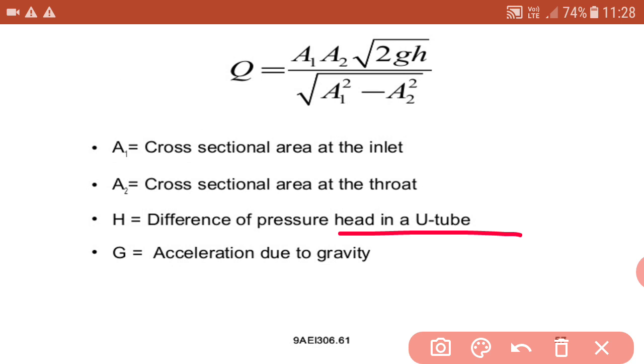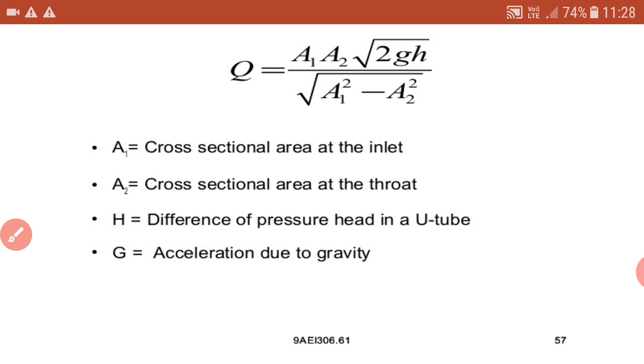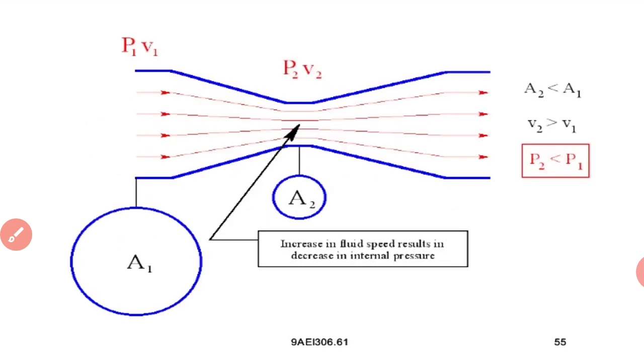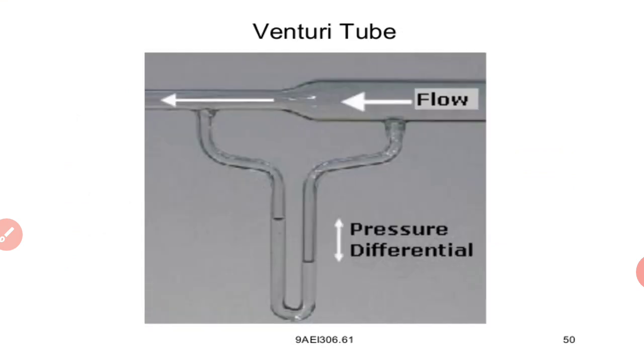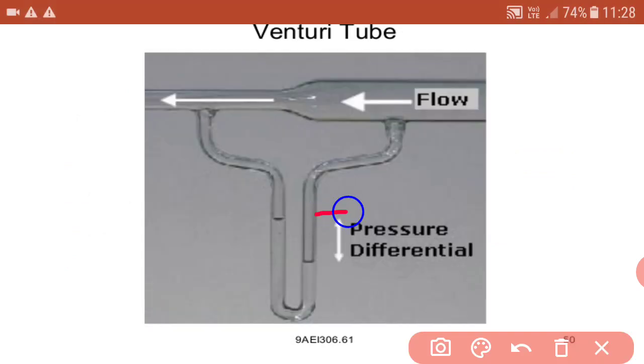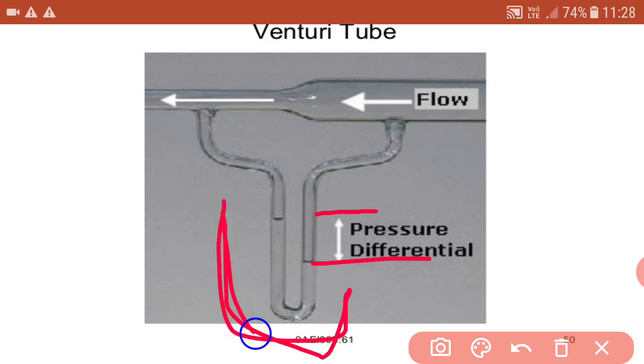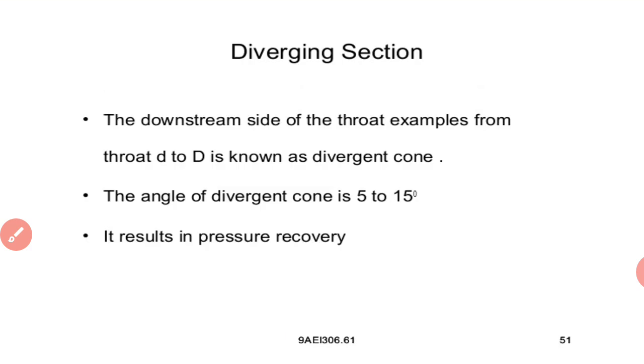In a U tube there is a difference of pressure, and this tube is known as a U tube. We can use this U tube for pressure measurement.